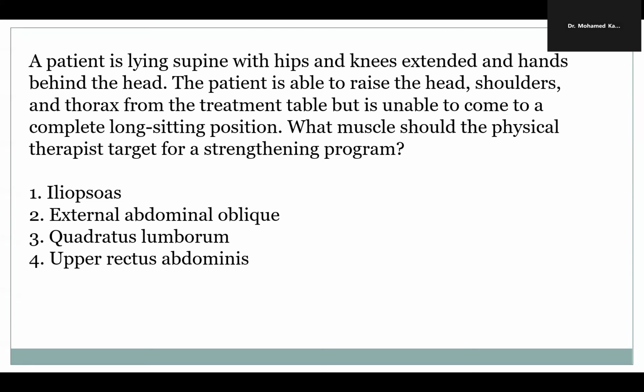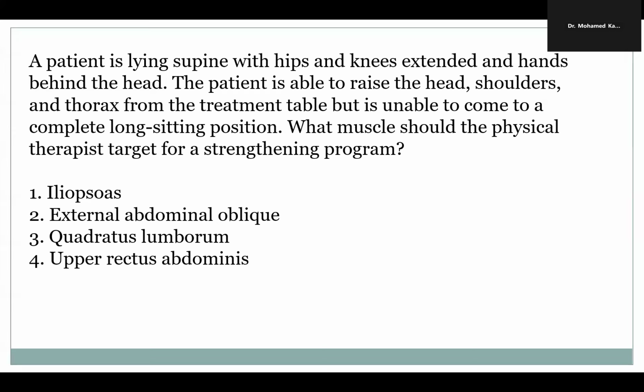Okay. So the patient is able to do a partial sit-up from supine lying position, but cannot continue to long sitting. So, which muscle might be weak or need strengthening?